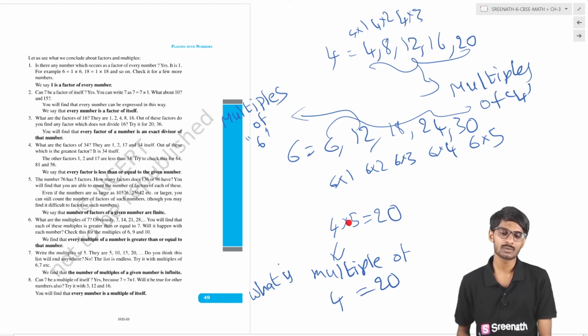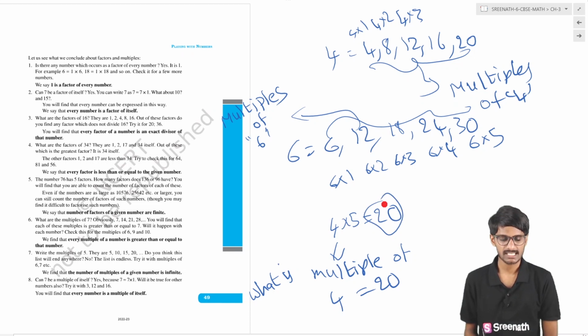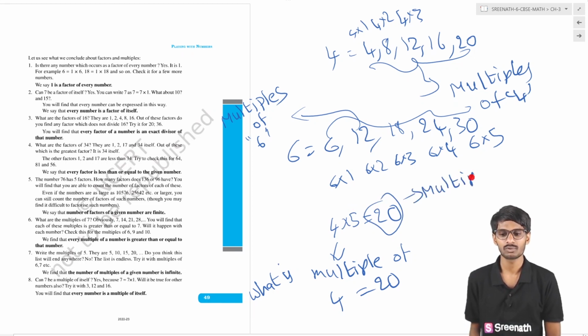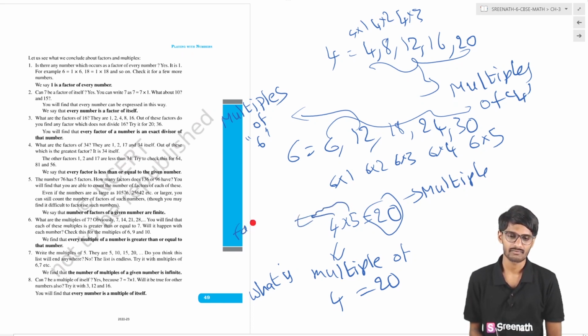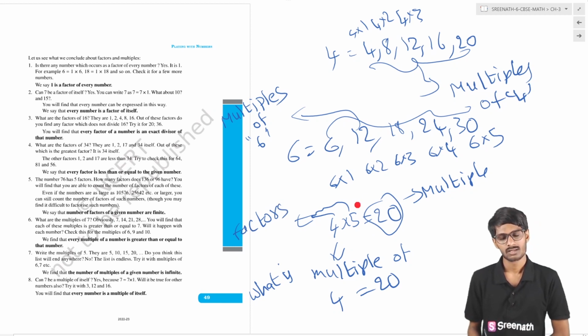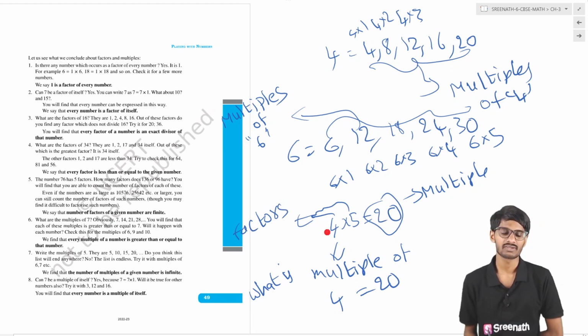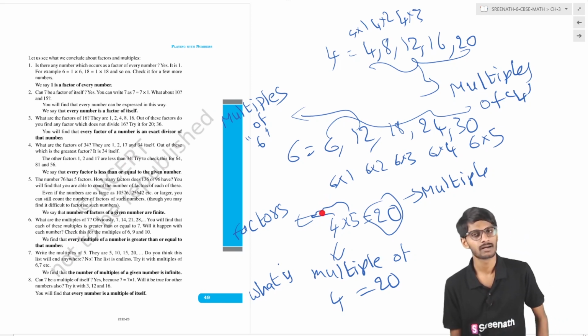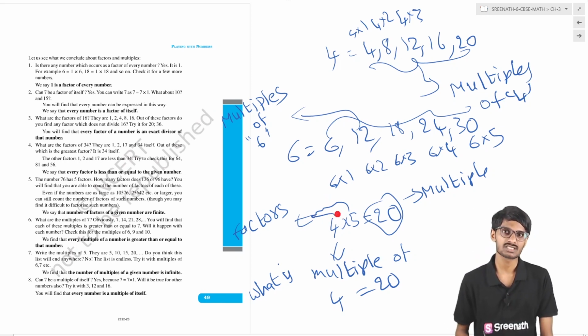So this is the number, and this is the multiple, and these two are the factors. If you know the factors of any number, the product of those factors gives the multiple, students.